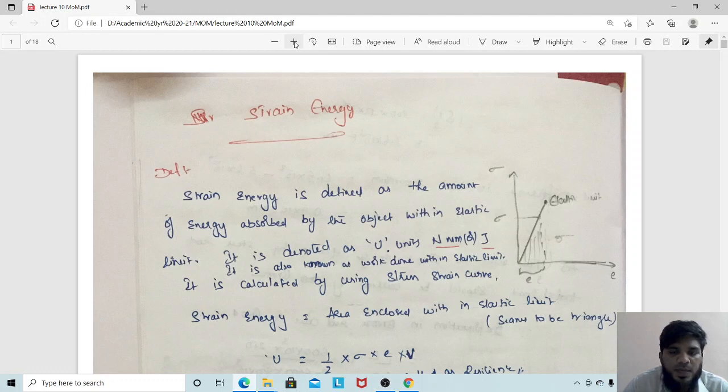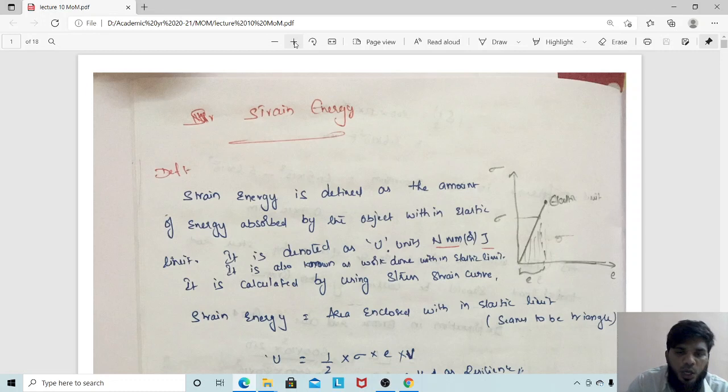The spring stores some amount of energy, and after removal of the load it gives the energy back. The same energy you used to compress it is released to make the spring open. Similarly, strain energy is nothing but the amount of energy stored in a material when you give it some load within the elastic limit.